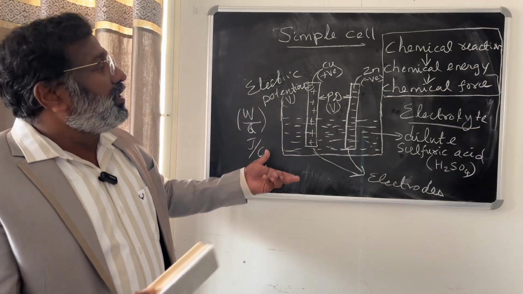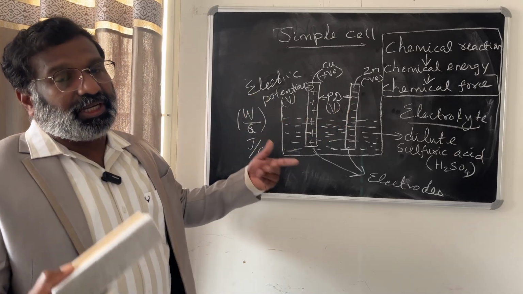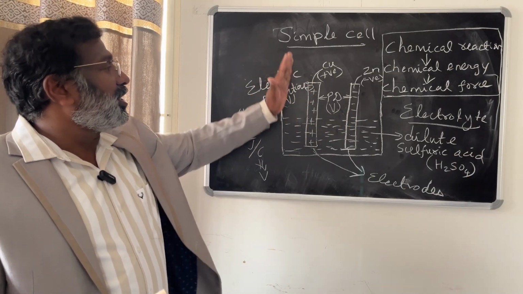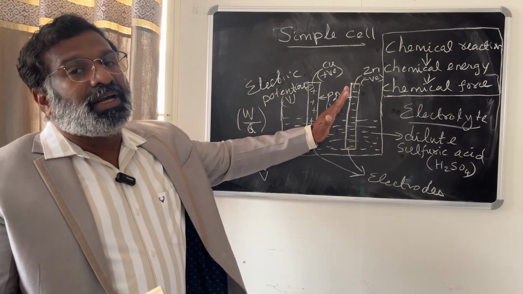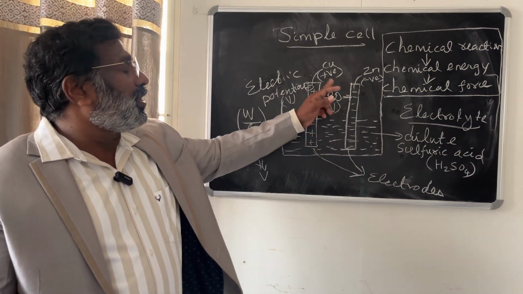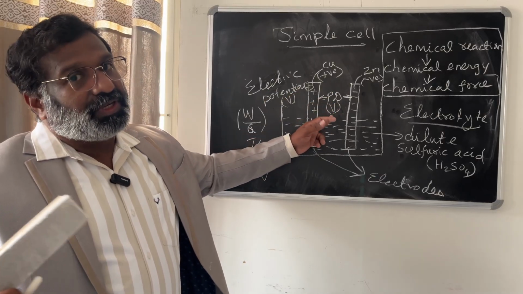The work done in charging the electrodes is stored inside the electrodes as potential energy, which is the electric potential. Both electrodes have electric potential, and the difference in electric potential between them is the potential difference, otherwise called volt.